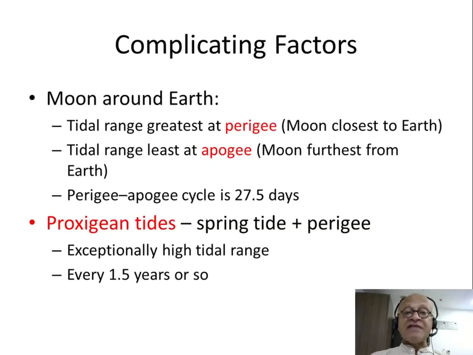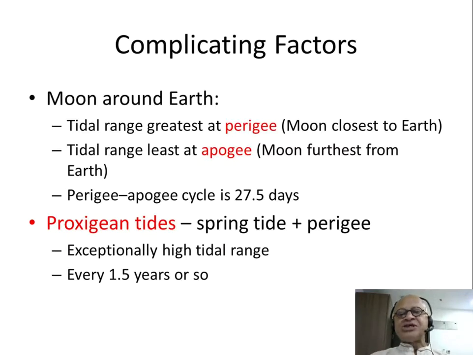The other complicating factor: the moon around the Earth. The moon also has a non-circular orbit. When the moon is closest to the Earth, it's called perigee. Perihelion, sun; perigee, moon; aphelion, sun; apogee, moon, right?